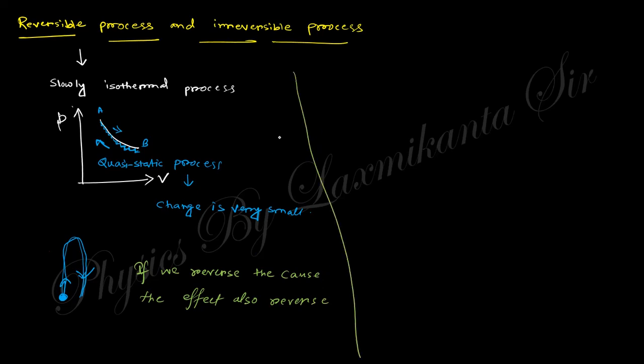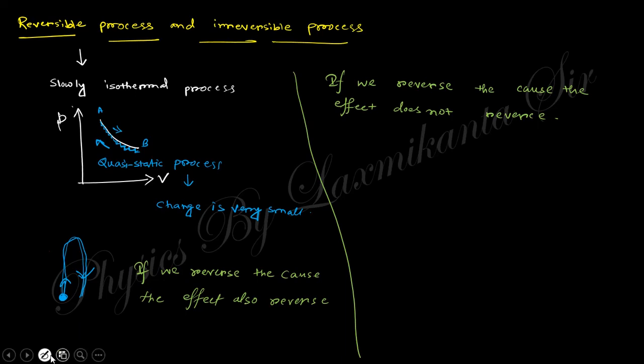On the other side, an irreversible process means if we reverse the cause, the effect does not reverse. That means if you reverse the cause, the effect does not change.